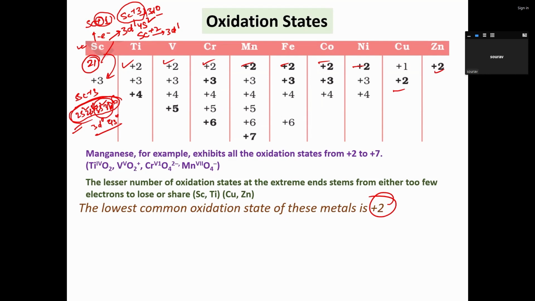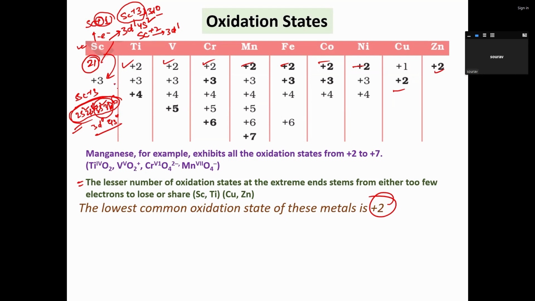Other metals have their own reasons; the general oxidation state is plus 2. Here another point is written: the lesser number of oxidation states at the extreme ends stems from either too few electrons to lose or too few to share.